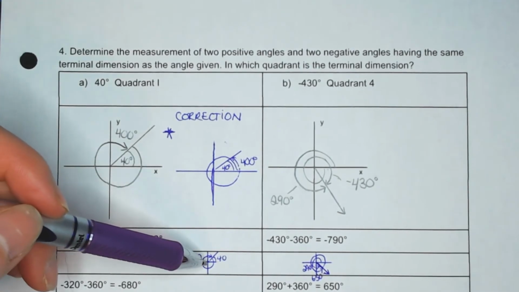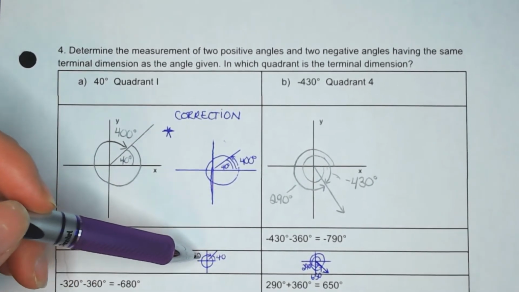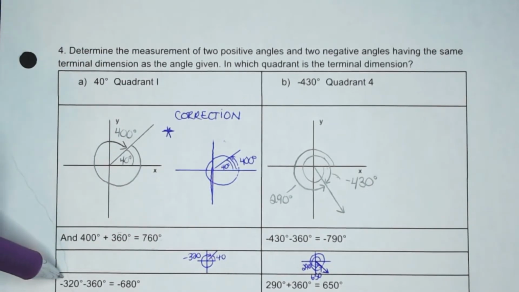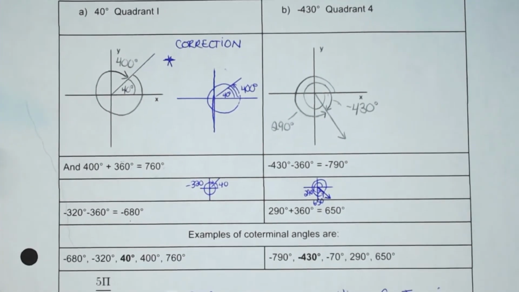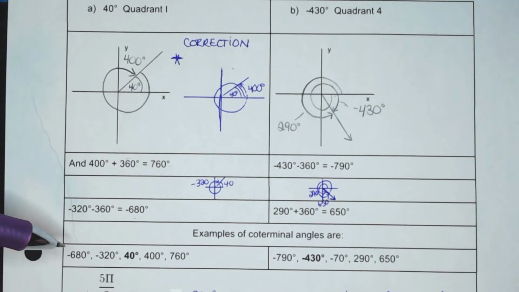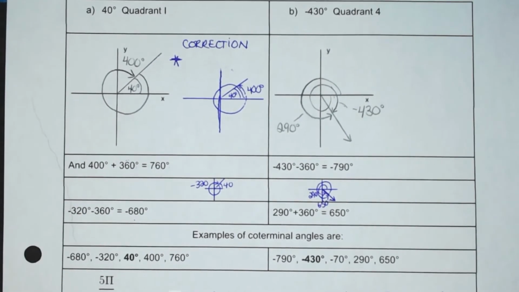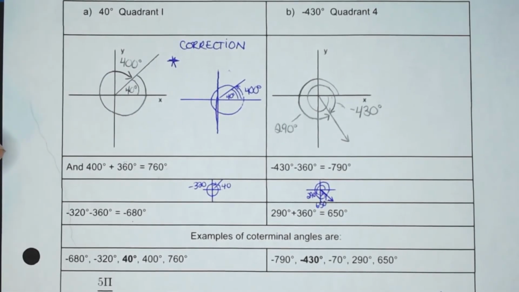And then a tiny example here, 40 degrees and negative 320. Those are also coterminal. And once you have that negative 320, you can subtract the 360 away to give you negative 680. So if you look further down your page, you have a bunch of different examples of angles that are all equal to each other. It just depends how many times you've gone full circle around that axis.